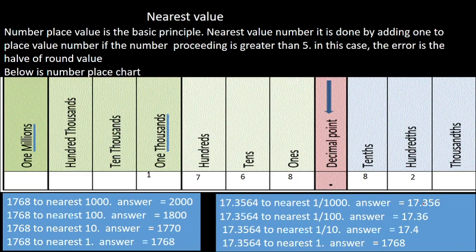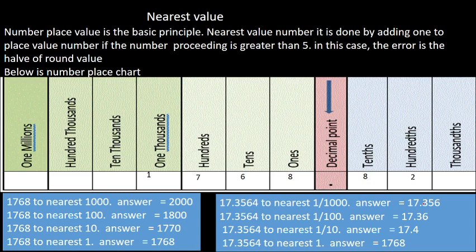Now, the first thing that we are going to discuss is called nearest value. Many students get this aspect wrong because they don't remember their primary school maths. I want you to pay close attention, please.